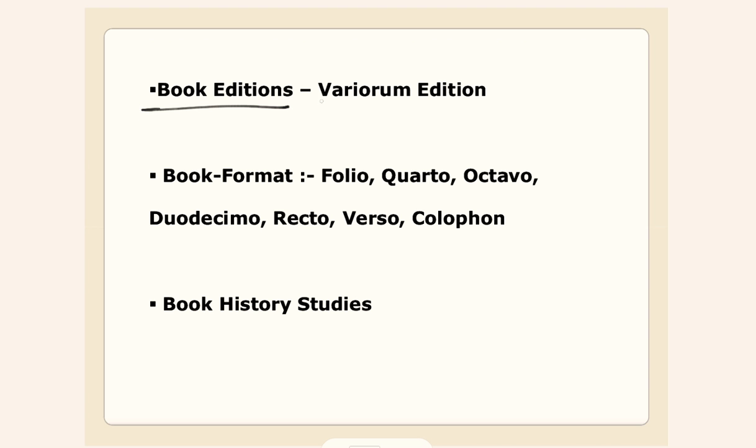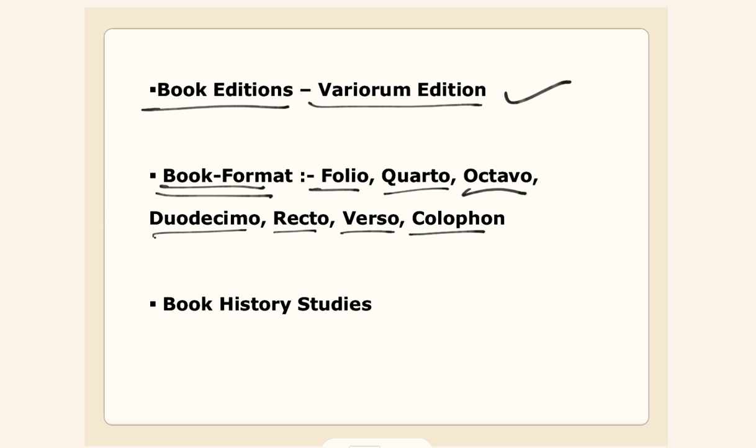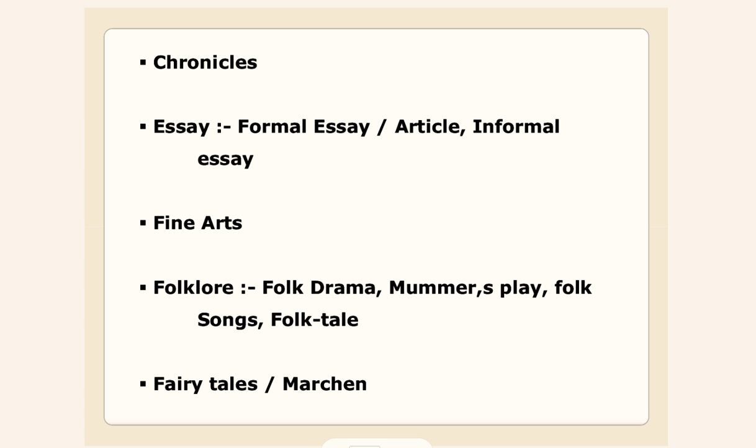There are different book editions, variorum editions. We have discussed already regarding Shakespeare editions, folio editions, and others. Book format: folio, quarto, octavo, duodecimo, recto, verso, colophon. Next, book history, study of books. Chronicles, history.